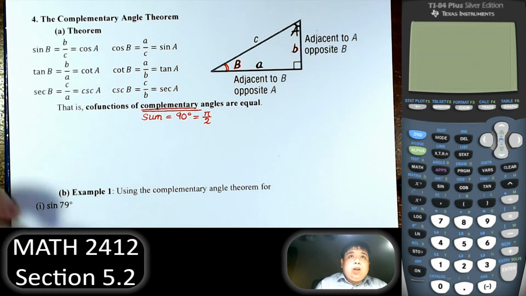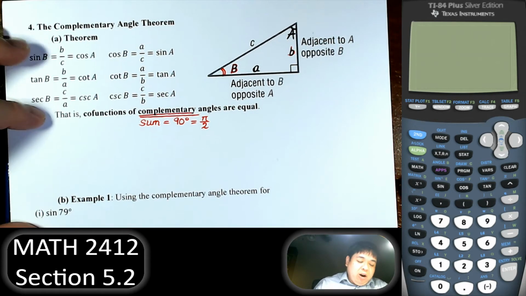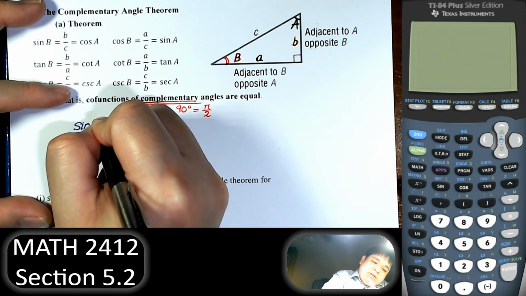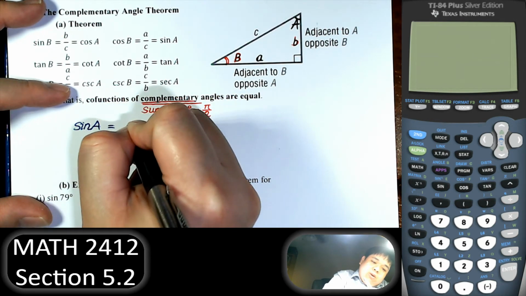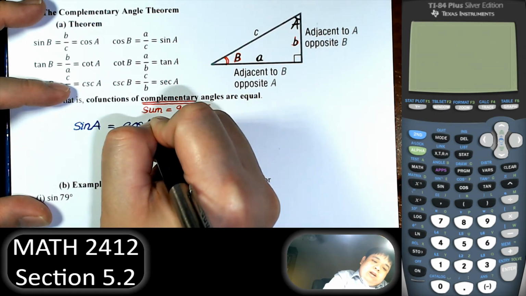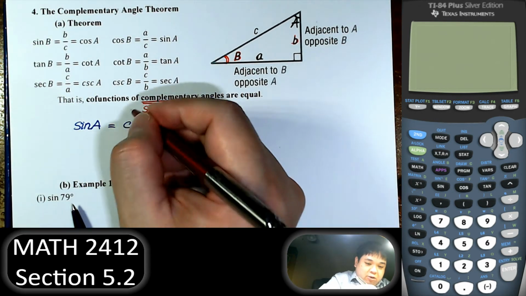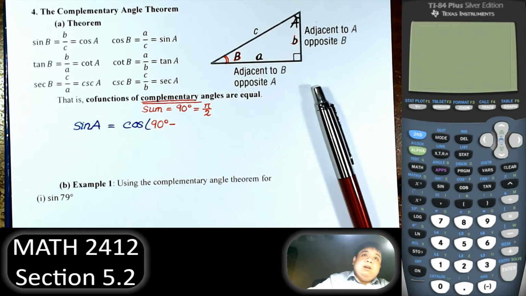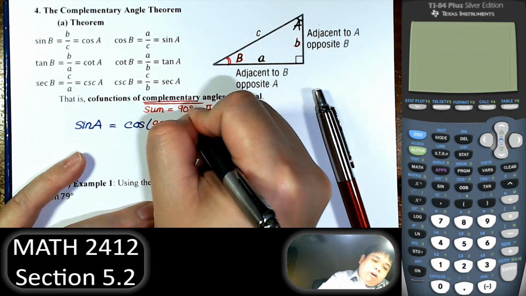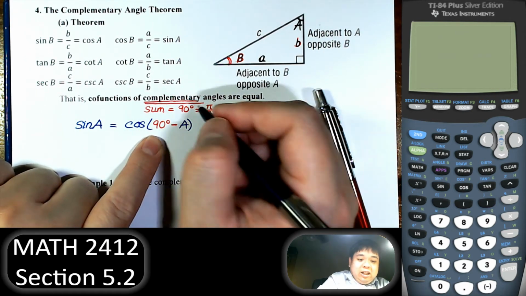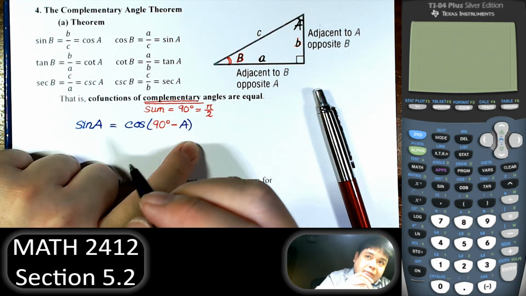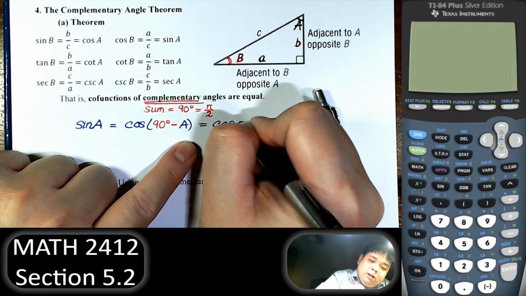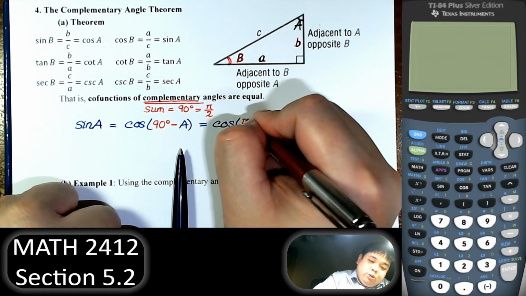Right. So we can write it. In this, we can just say sine of an angle A is equal to cosine of the complementary angle, meaning I should say just 90 degrees minus A. So we go from a function to a cofunction. We subtract the angle from 90 degrees. Of course, we can also say pi over 2 if we use radians.